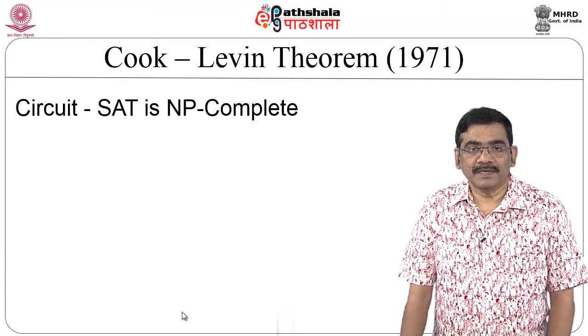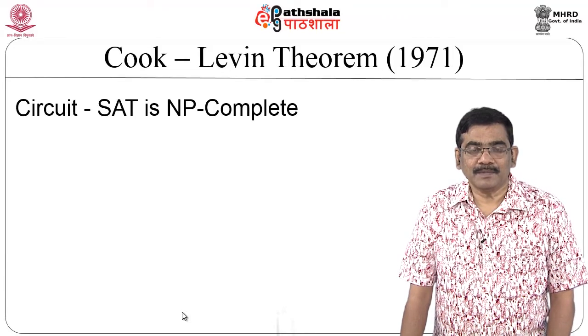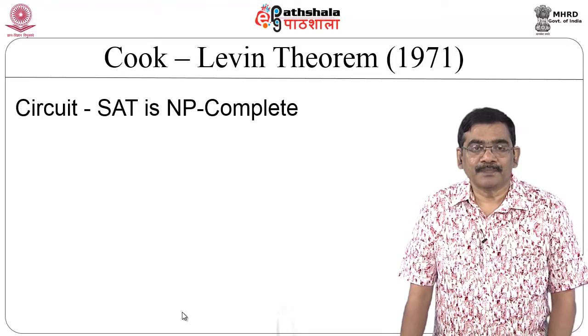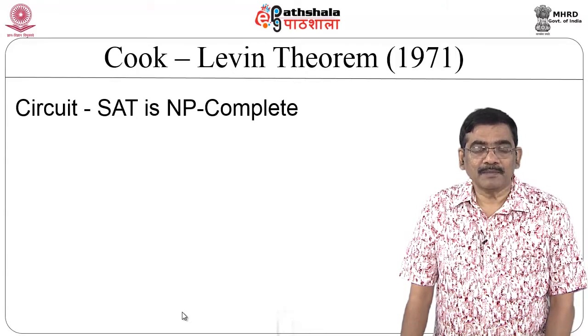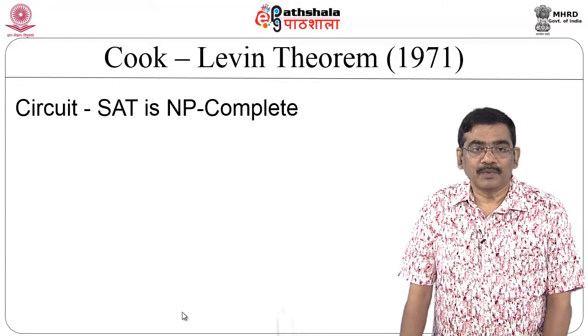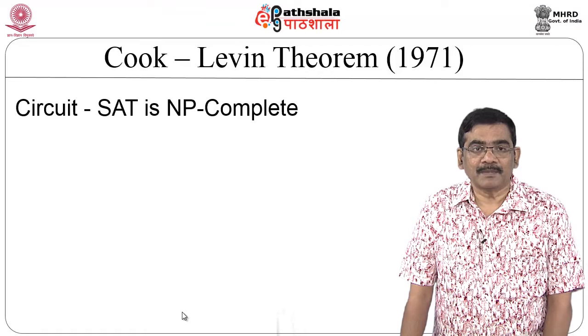Karp took some problems and reduced the circuit SAT problem to those problems to prove their complexity. So, this is the starting point of the proof of any NP complete problem.